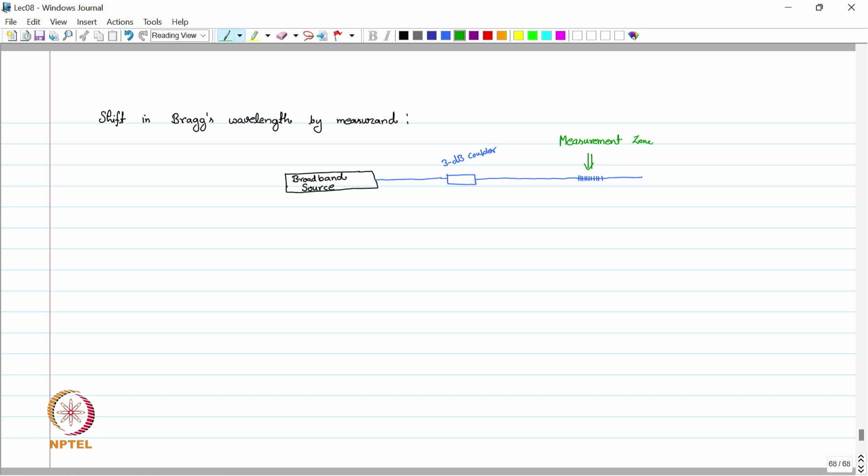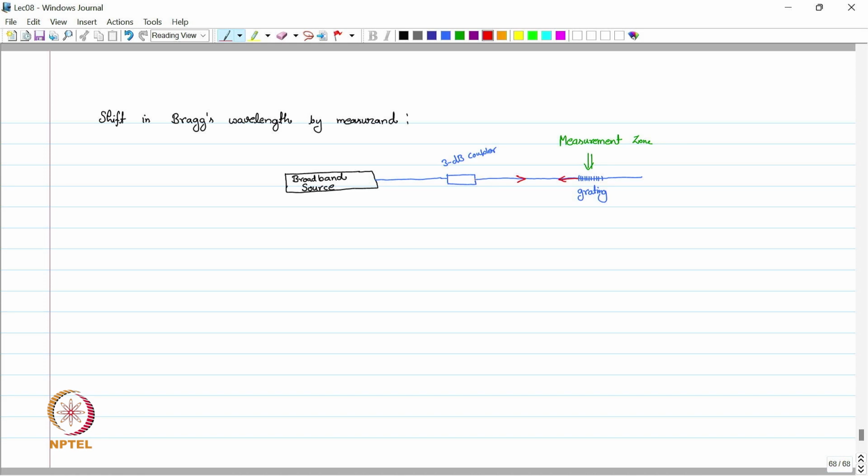This measurand can be anything. It can be temperature, it can be pressure or force, which changes the spacing between this grating. This is the grating. Now this grating will reflect some of the wave which is primarily going this way, but some wavelength will be reflected back by this grating.